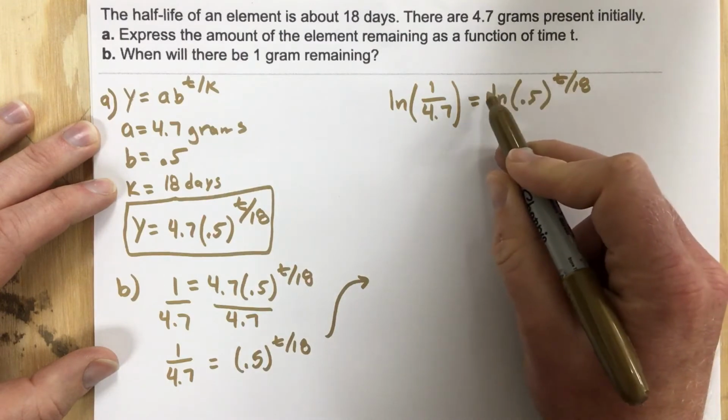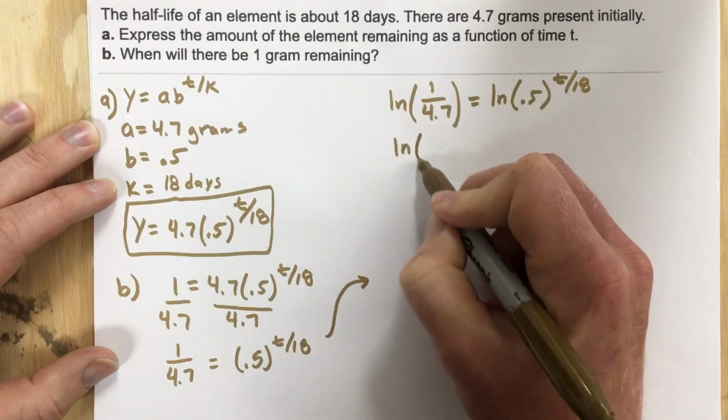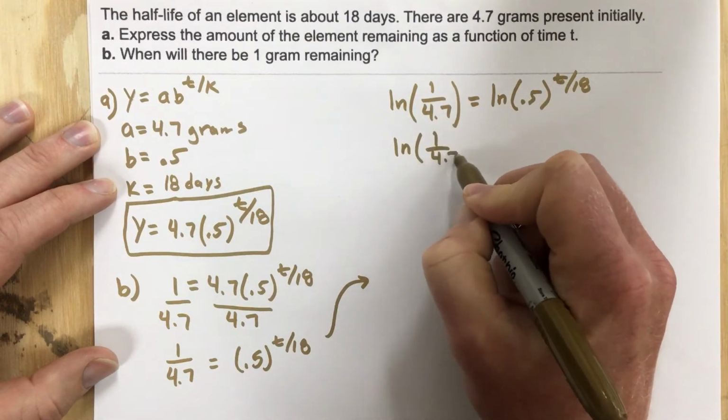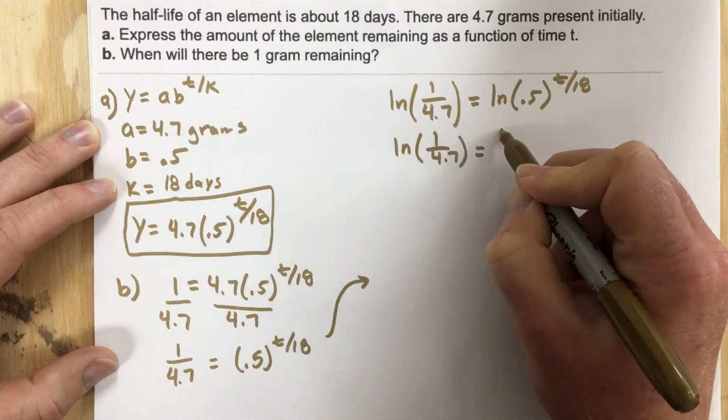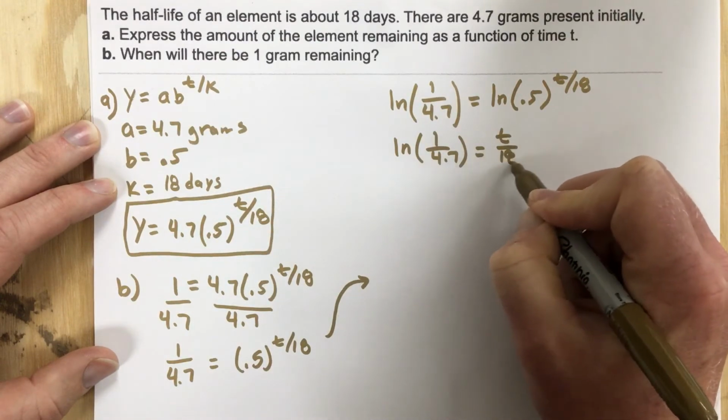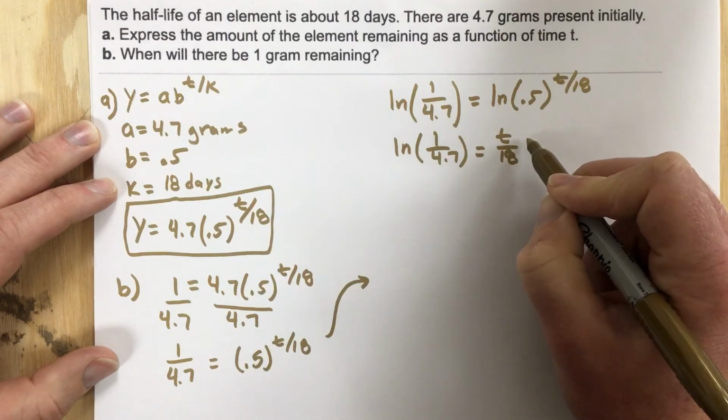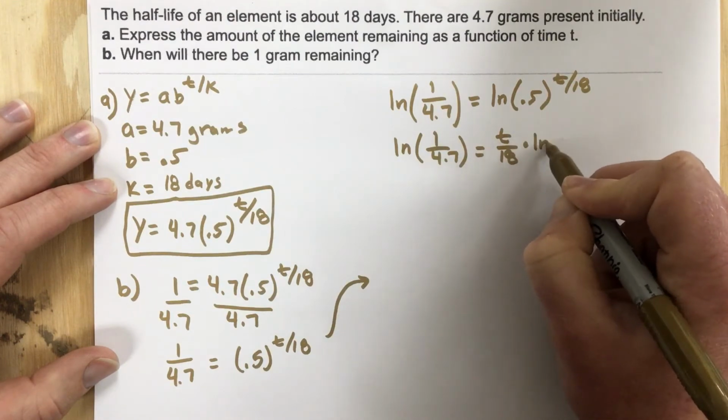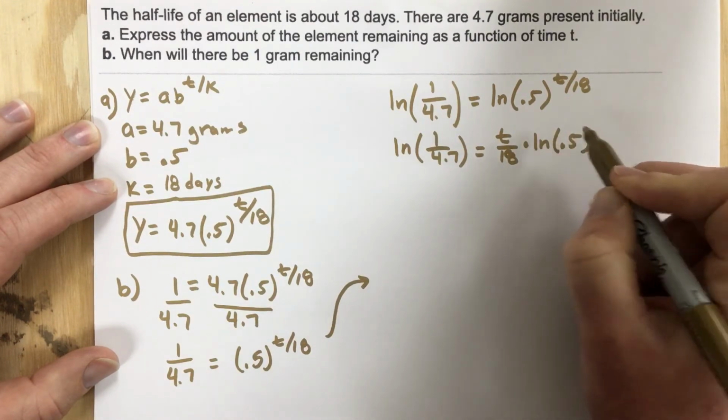Let's bring that to the front, so we end up with natural log 1 over 4.7 equals t over 18 times natural log of 0.5, right? So we just brought this to the front.